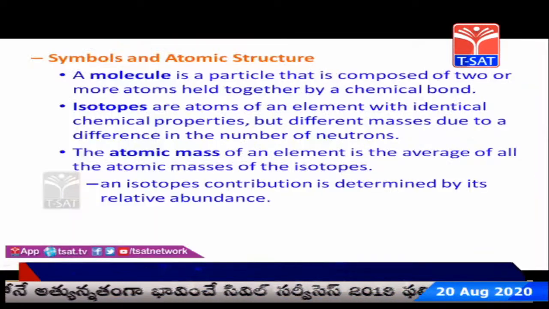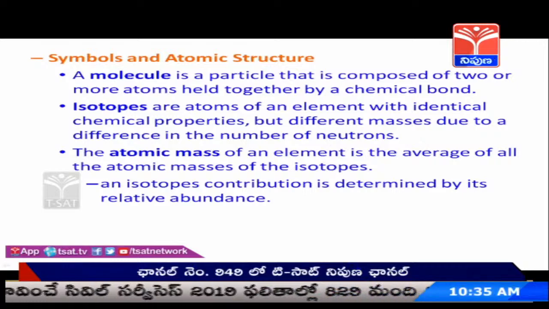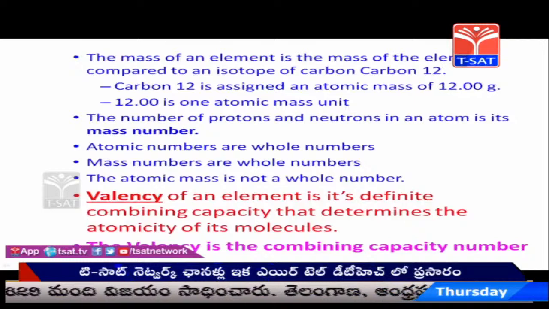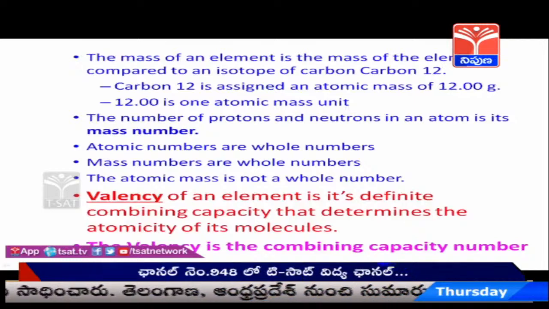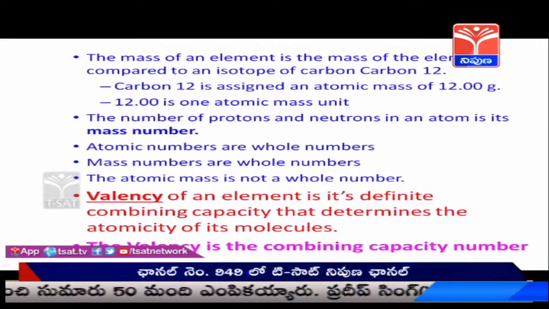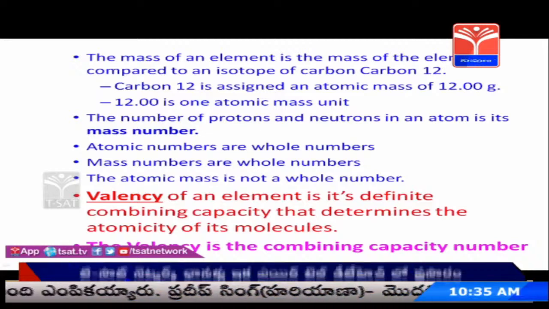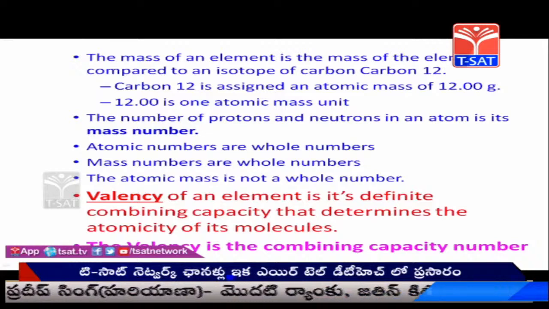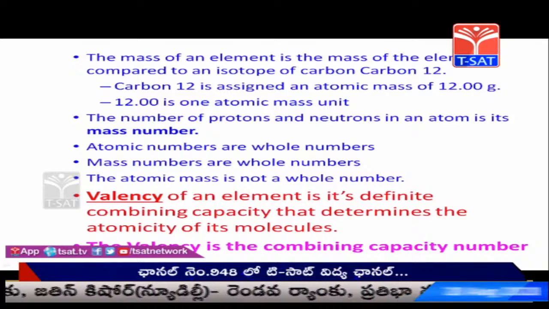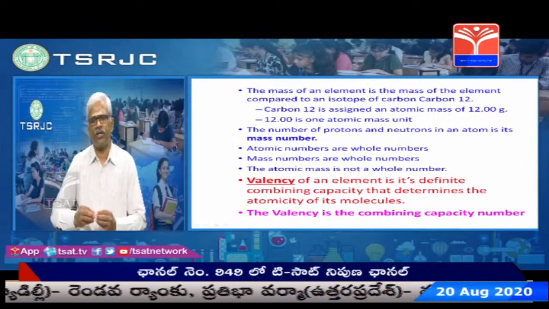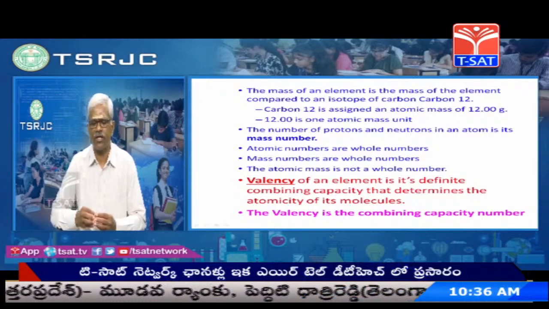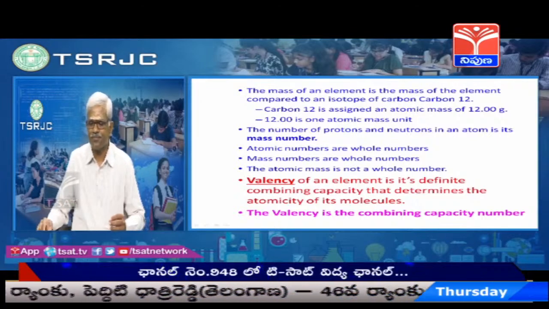In isotopes, contribution is determined by relative abundance. So, the isotopes that are abundantly available, we will consider in a large quantity. Isotopes which are less in number, we will not consider such masses to calculate the atomic mass.